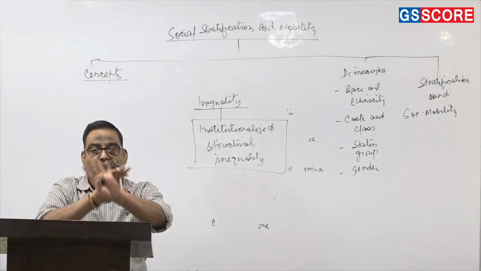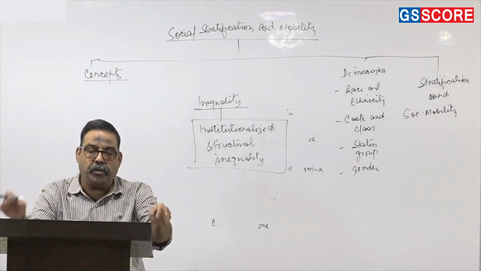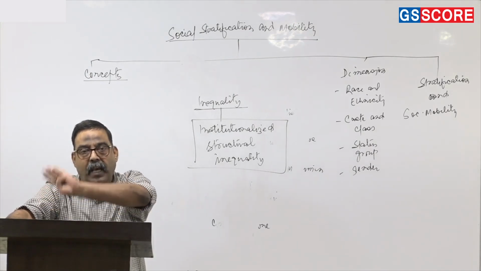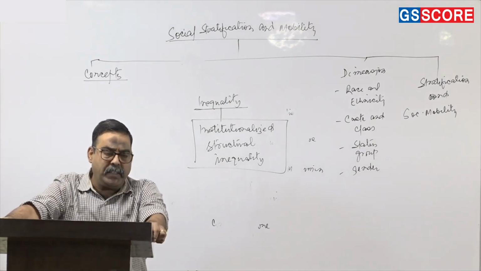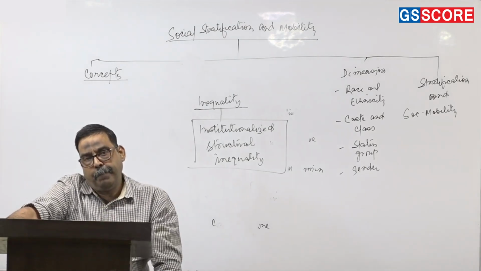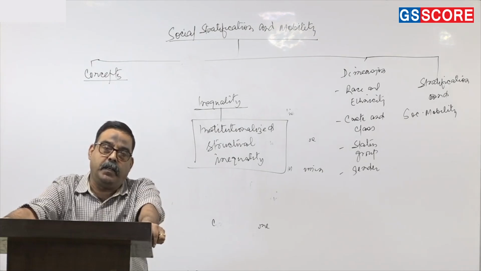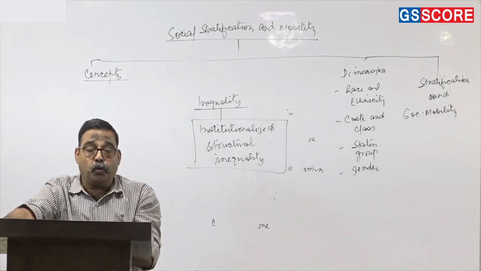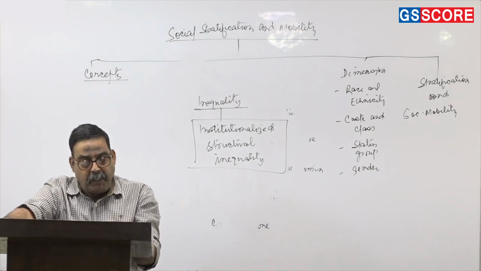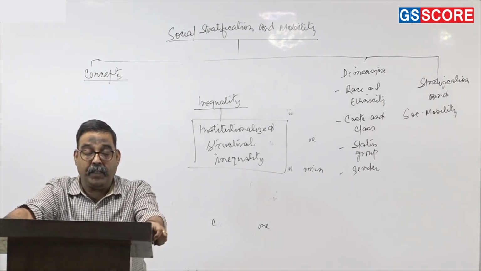When you say social stratification is an institutionalized structural inequality, we are referring to social differentiation in which one group is better privileged than another. Thus, if I could quote Jeff Pine, the examples of social stratification could be race, ethnicity, caste, class and gender.